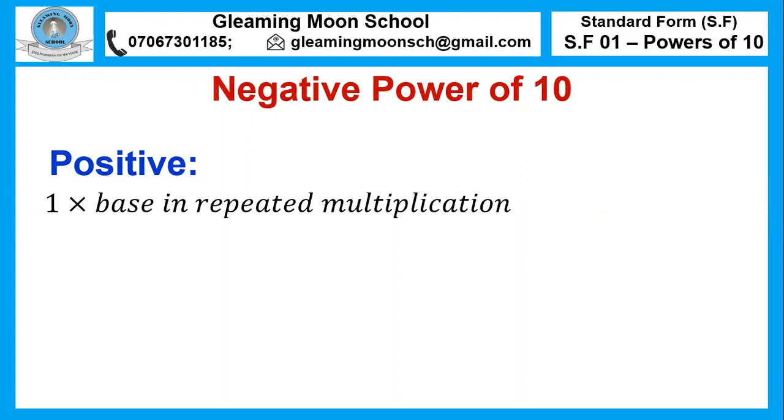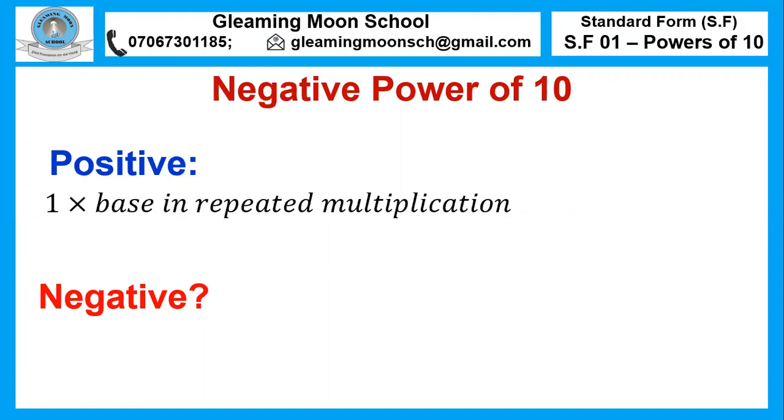Now, speaking of negative, what is the opposite of positive? That's right, it is negative. So if the opposite of positive is negative, and in positive we start from 1 and multiply it by the base, what would we do in the negative starting from 1?